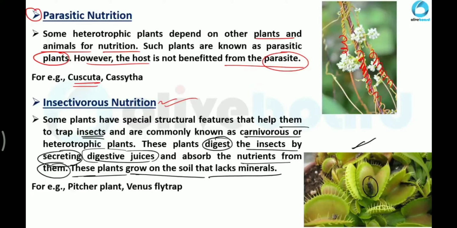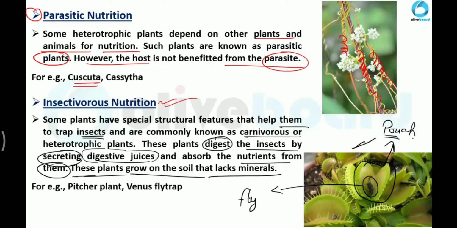Here you can see this is a fly, and this is a plant. Now the fly is here. Soon this plant will close its covering, this pouch, and the fly sitting there will be trapped.